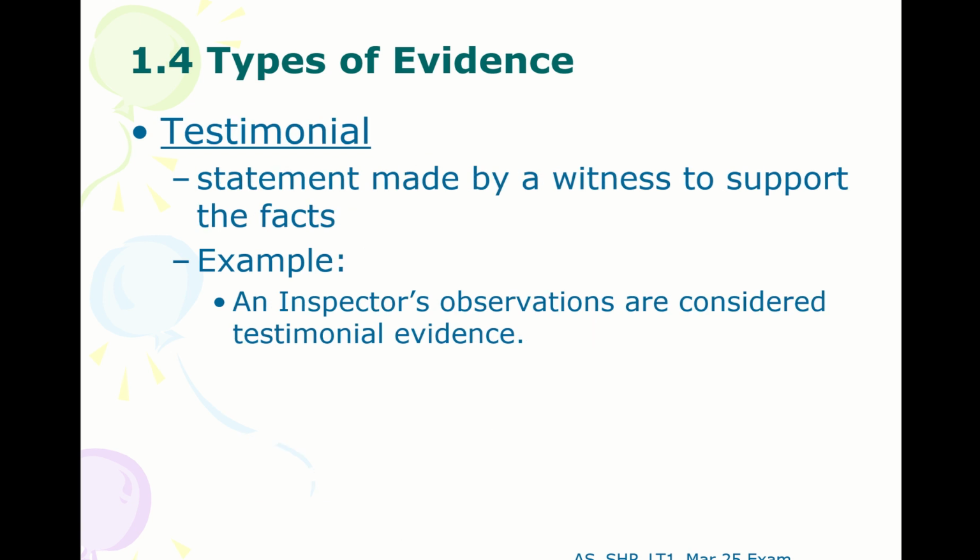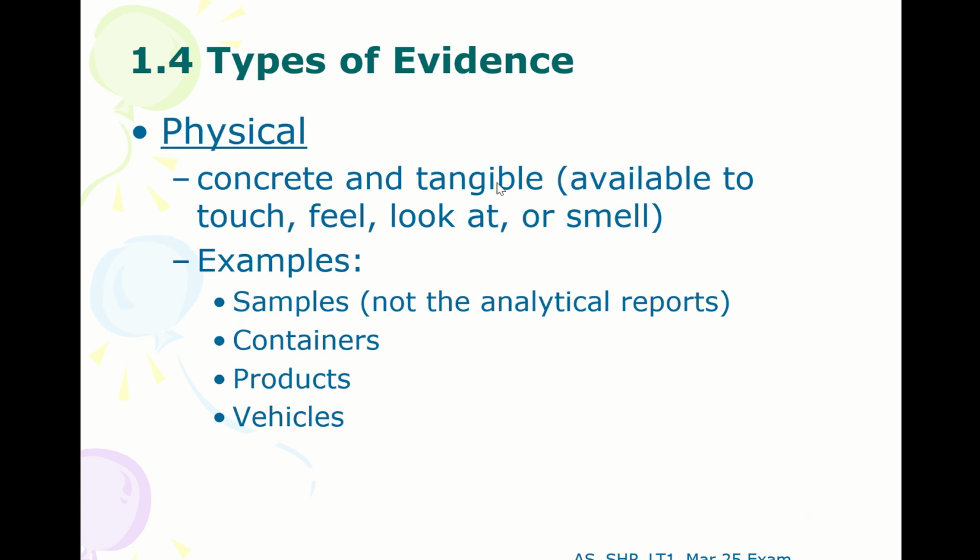Testimonial is some statement made by someone, okay, saying, oh, I saw this guy discharge his waste into the drain, for example. So that's a testimonial. And physical are the actual samples, for example, the product itself. Okay, so samples, not the test result, is the sample itself that you collect. So this is a physical evidence. It can also be containers, it can be vehicles, and so on.